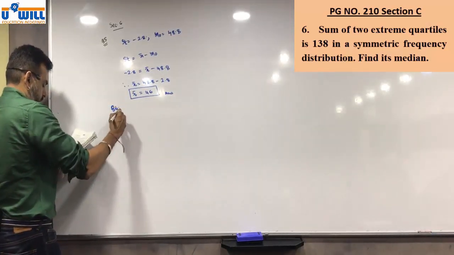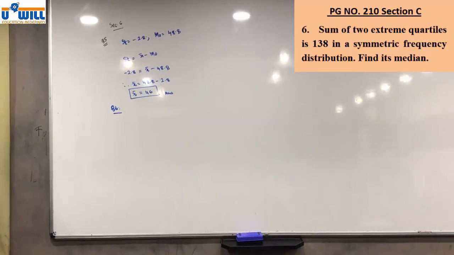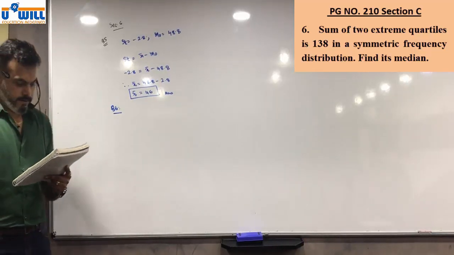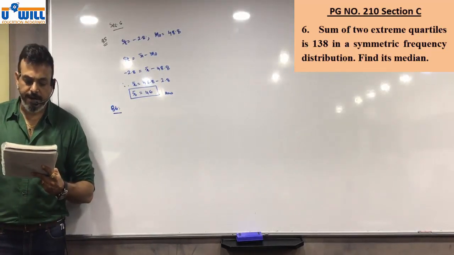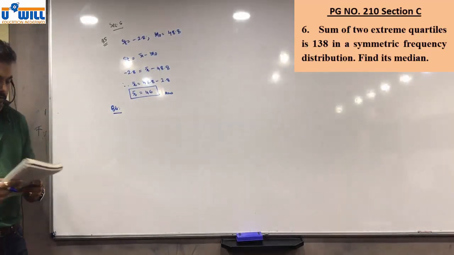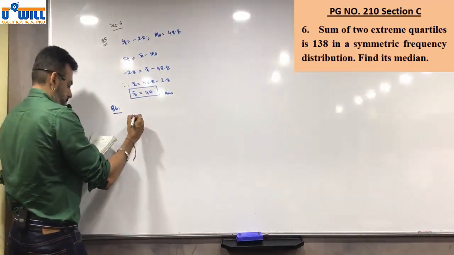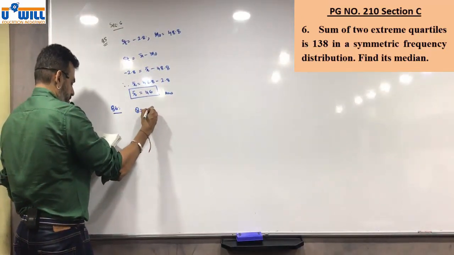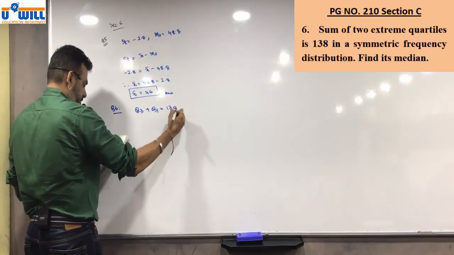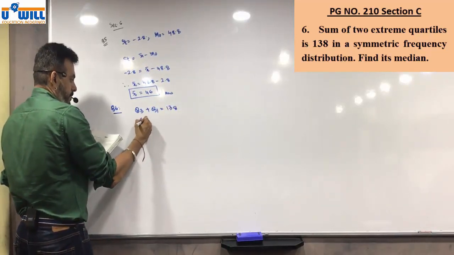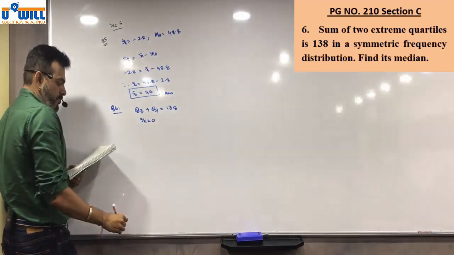Question 6. Sum of two extreme quartiles is 138 in a symmetric frequency distribution. Find its median. So let's find out. Q3 plus Q1 is equal to 138, and symmetric means skewness is equal to 0.